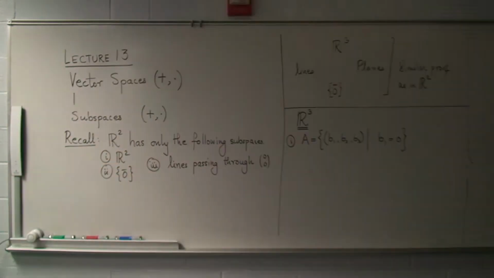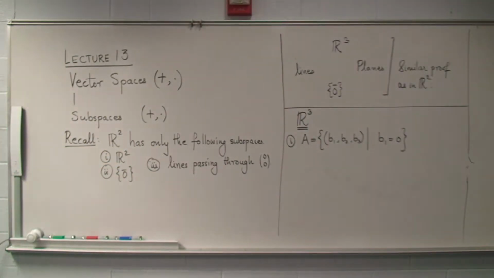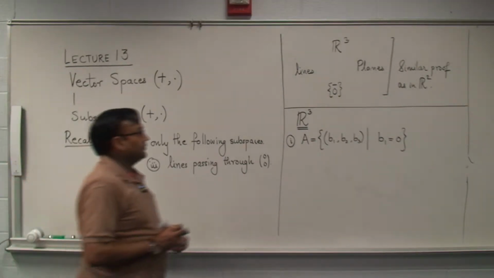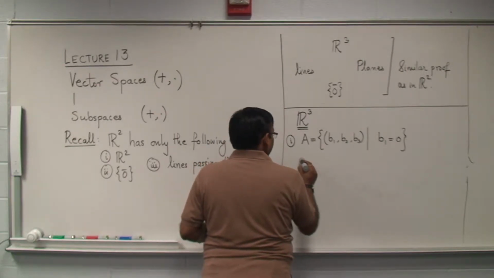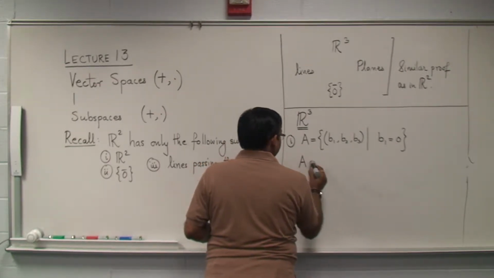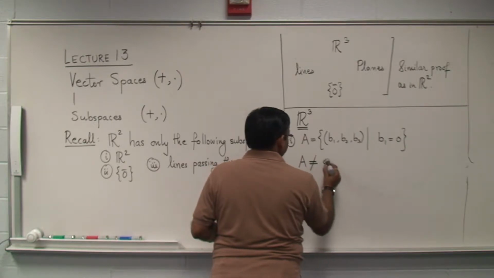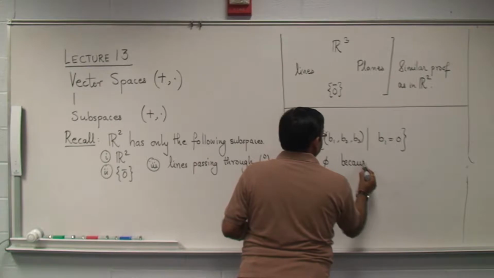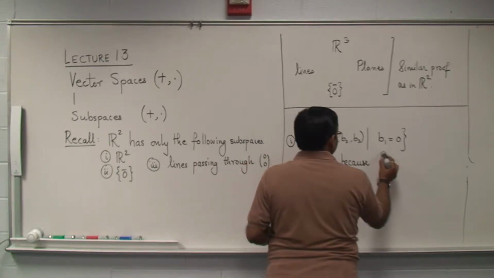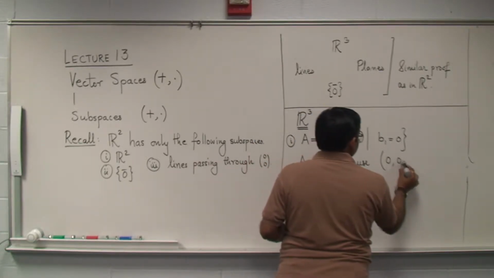So will this be a subspace of R3 or not? First of all, we should check that A is non-empty. We have to find one vector which lives in A, and there is one obvious vector, the zero vector.